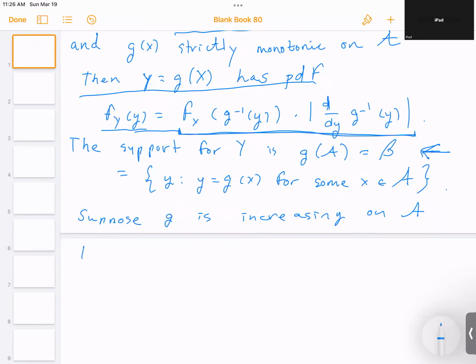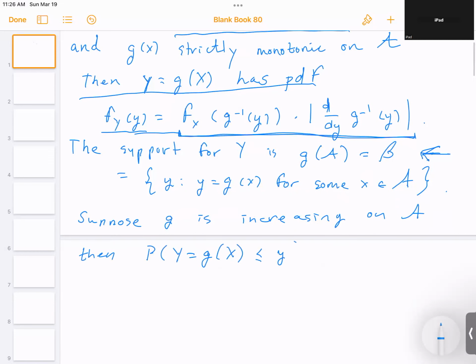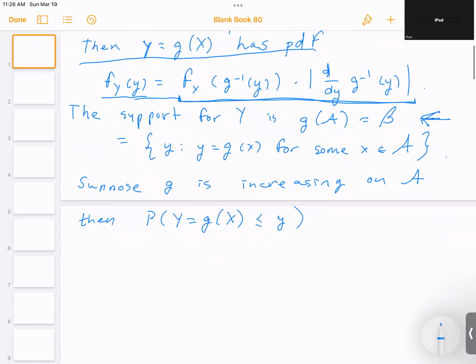Then the probability that Y equals g of X is less than or equal to little y is just equal to the probability that, since g is an increasing function, X is less than or equal to g inverse of little y.